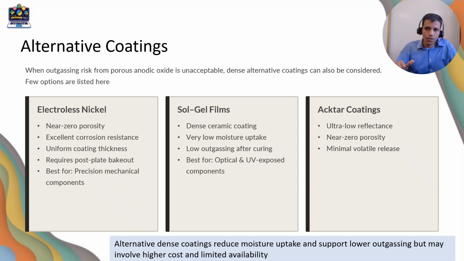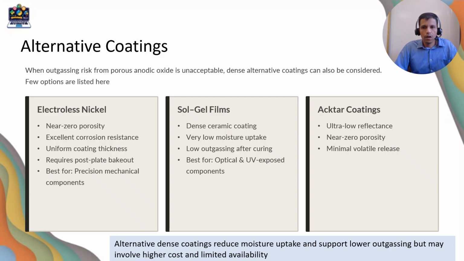It's a dense and uniform coating, and there is no porosity risk with electroless nickel plating. It's best for precision components. And there is a newer option, sol-gel films, newly developed for high temperature applications. It's a dense ceramic coating on top of the aluminum, and it's also good for UV-exposed components and optics.